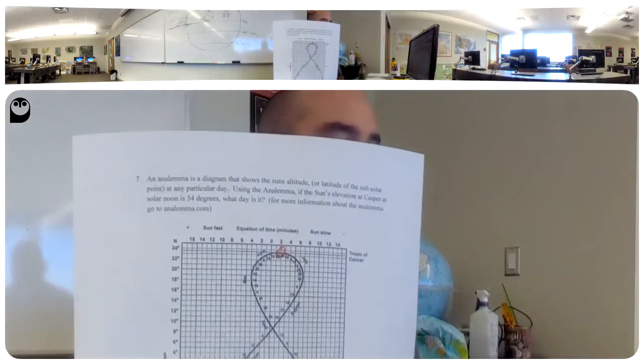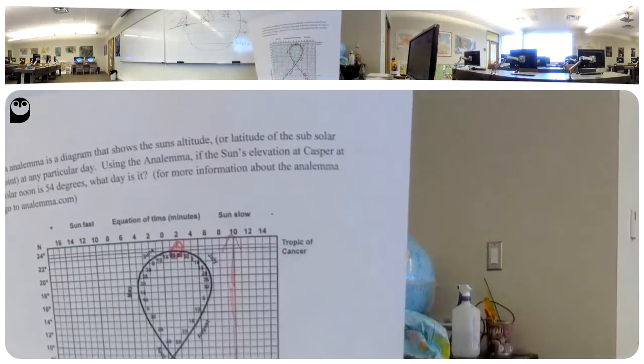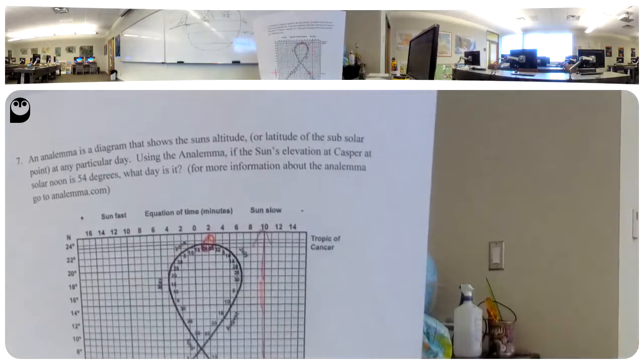What does that mean? For example, if you look at your analemma, let's look at March 16th, or excuse me, what is that, a 6 or 5? It's March 15th. Look at March 15th, and if you follow that line up to the top, notice it says sun slow 10 minutes.